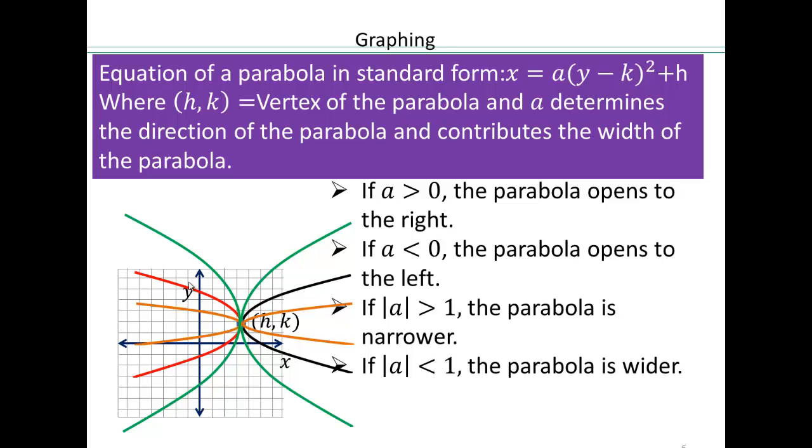So it's consistent with the previous observations. So again, positive a means it opens to the right, negative a means it opens to the left. Absolute value bigger than 1 gives narrower graphs, and absolute value between 0 and 1 gives wider graphs.